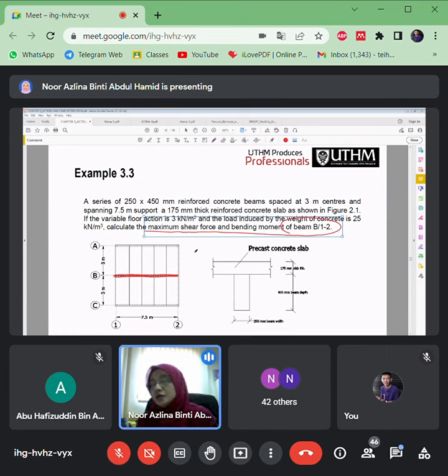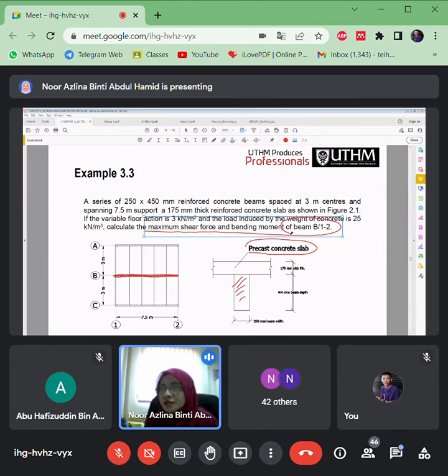Okay, it mentioned here that the slab is made of precast concrete slab. So the unit weight of concrete is 25. It also shows here that the precast concrete slab is put on the beam here. So that means this beam will support slabs.